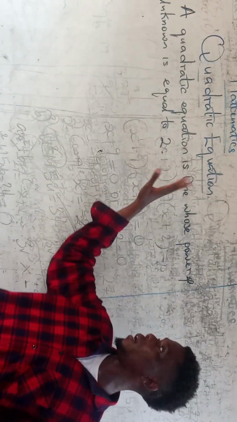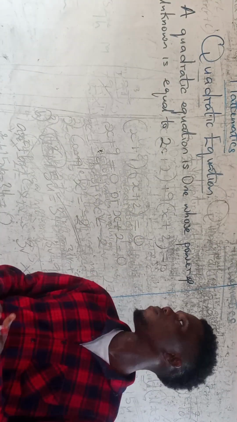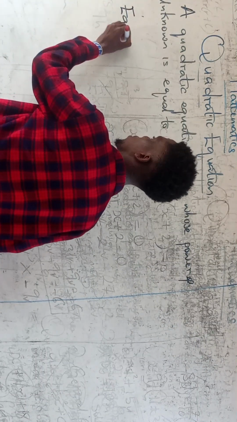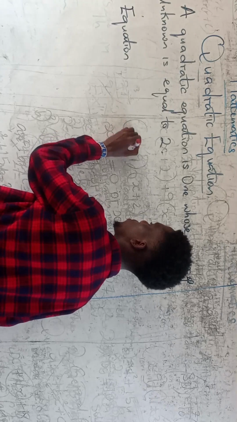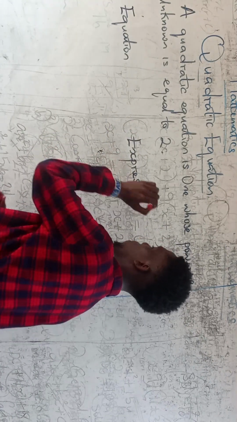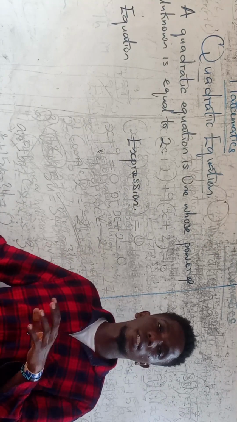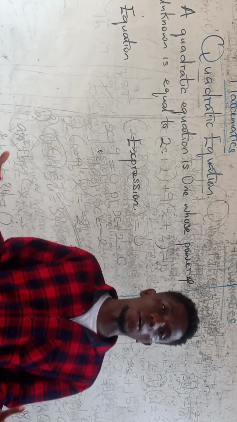Before I go ahead to explain what this means, I want to establish something very important. Now, in mathematics, these two words don't mean the same thing. Most students often confuse this concept.